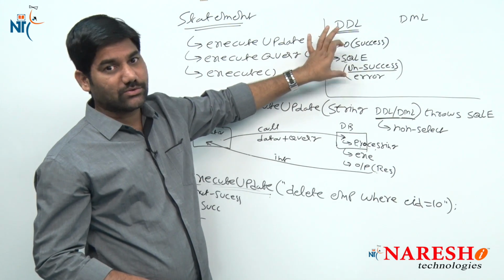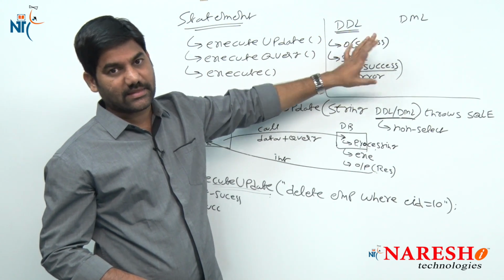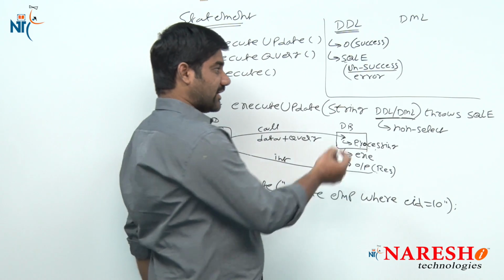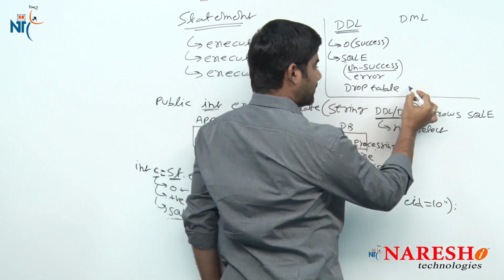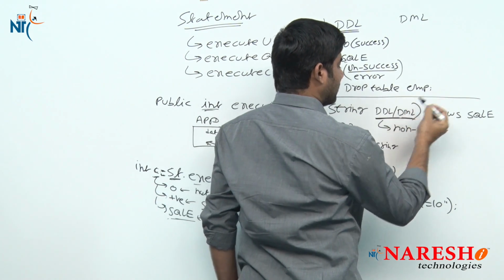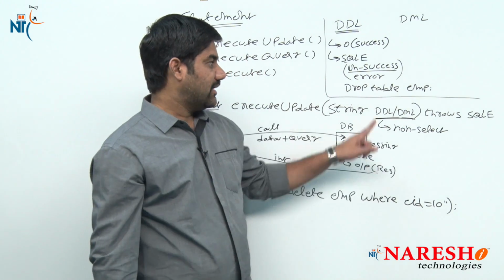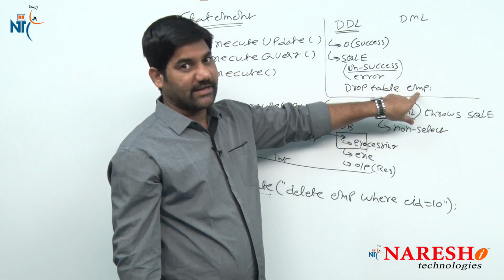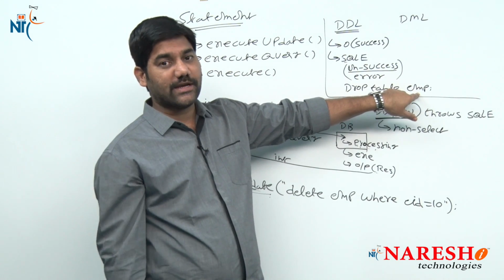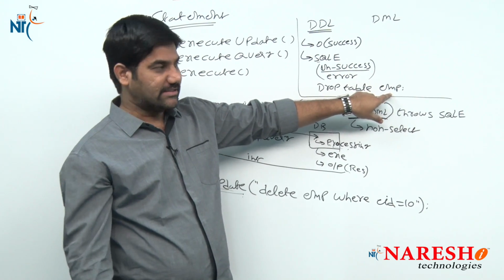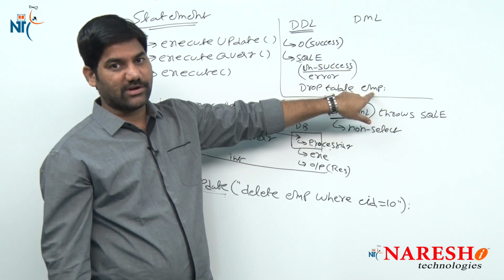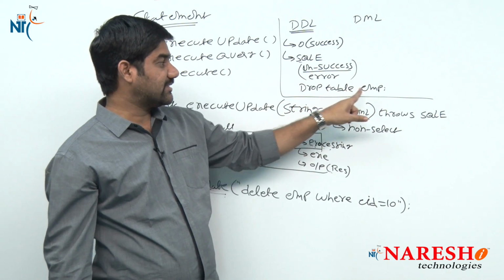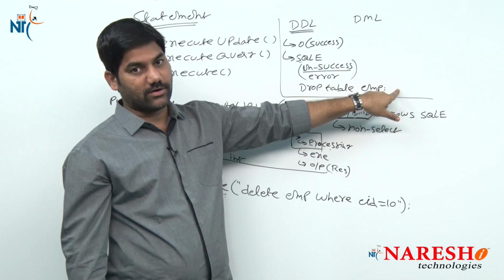Object level queries, no records are affected. For example, I am going to write a small query here: drop table EMP. What is the meaning of this, sir? I am trying to remove the employee table, but I am not trying to remove any employee data. Generally, whenever you destroy the table, records also go internally, but officially we are not designing the query for removing the employee records.